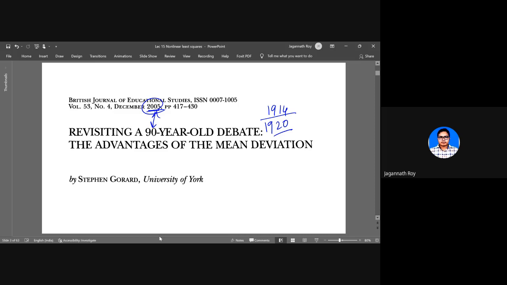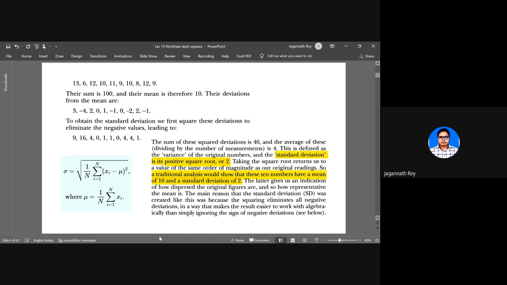So this journal is actually talking about the standard deviation and the mean deviation. The same idea: this error function is similar to the standard deviation and mean deviation formulas. So the idea is like this.